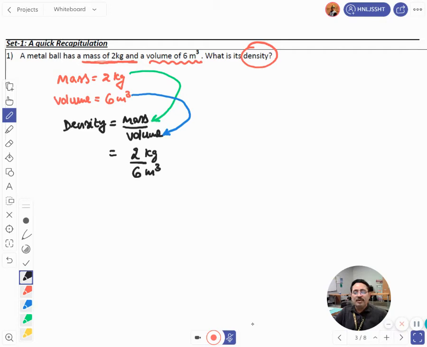So 2 over 6. 2 and 6 are both divisible by 2, right? Therefore, 2 divided by 2 gives me 1, and 6 divided by 2 gives 3. So 1/3 kilogram per cubic meter. If you want, you can express it as a decimal. You can do the division and make use of a calculator.